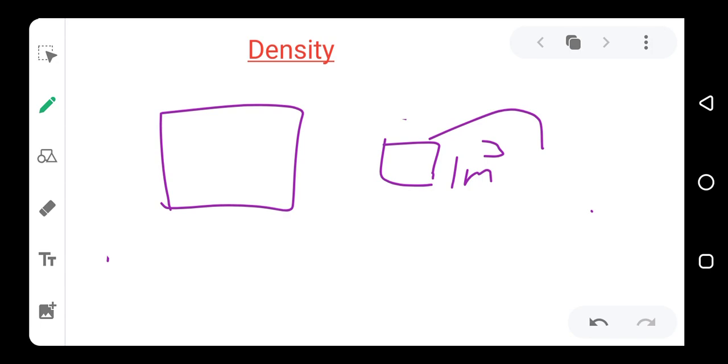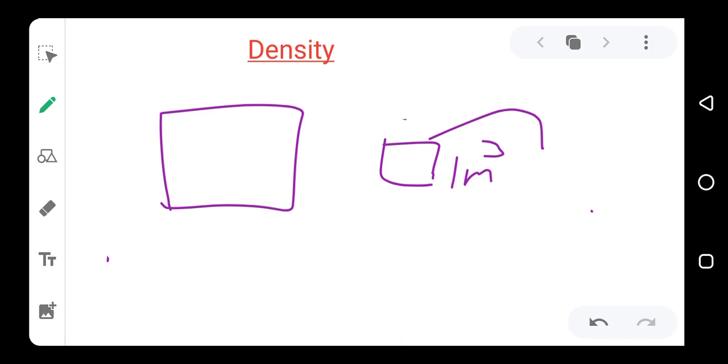When we cut 1 meter cube as a volume of a substance and measure the mass of it, whatever it gives us is the density of the substance. So that is the meaning of density. That's why we define it as the mass per unit volume. A unit volume means one of the units of volume. That is 1 meter cube.